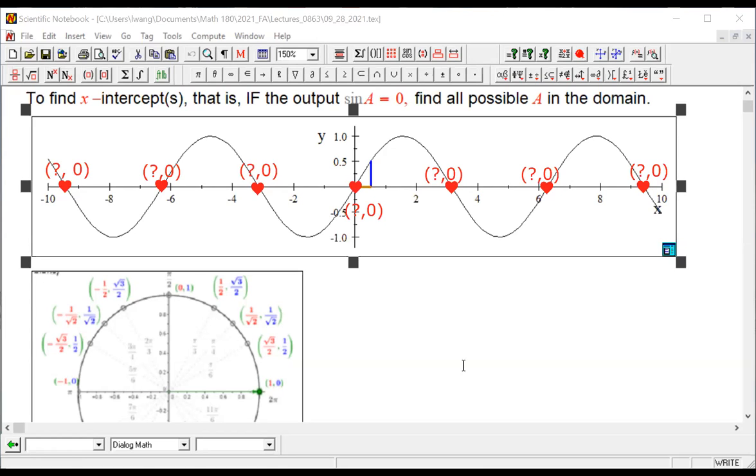How many blue zeros do you see on that unit circle? 2. What does that mean? There are 2 terminals, terminal 1, terminal 2.